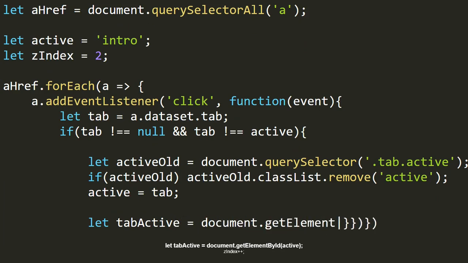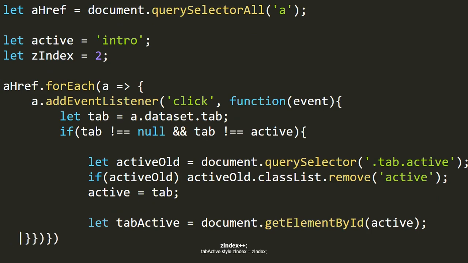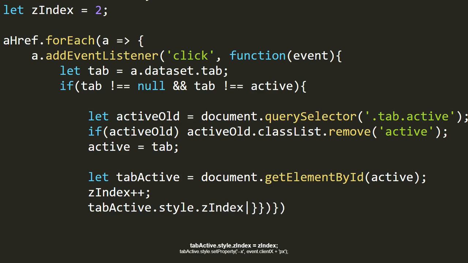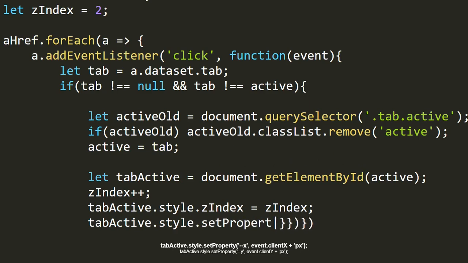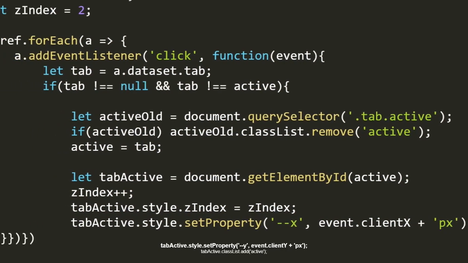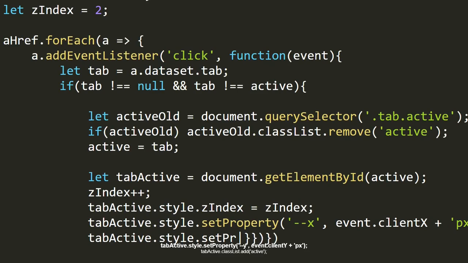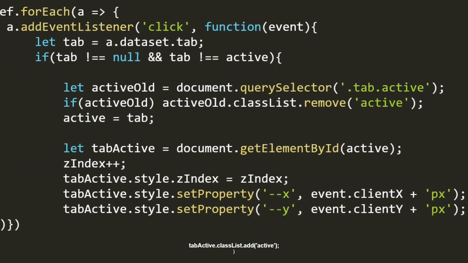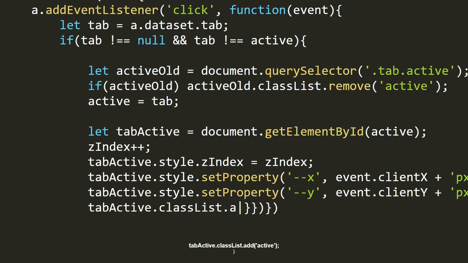Let tabActive is equal to document.getElementById active. zIndex plus tab. active.style.zIndex is equal to zIndex. active.style.setProperty x, event.clientX plus px. active.style.setProperty y, event.clientY plus px. active.classList.add active.